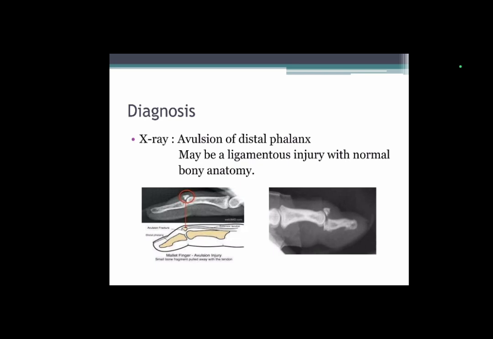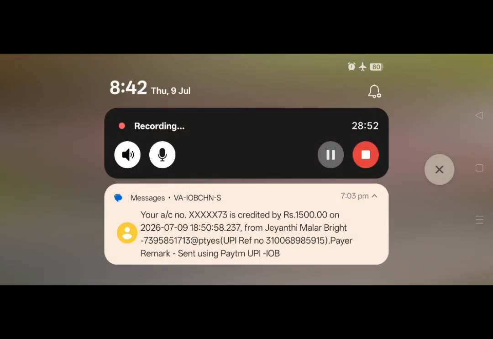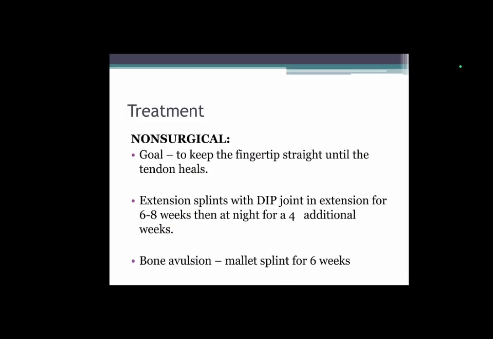Chronic pain, swelling, and decreased hand function may also occur. Therefore, early diagnosis, timely surgical repair, and proper physiotherapy rehabilitation are essential for achieving the best functional outcome.